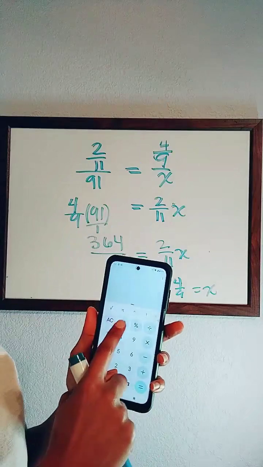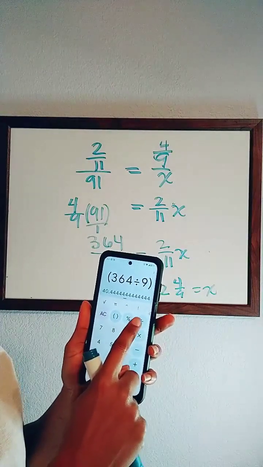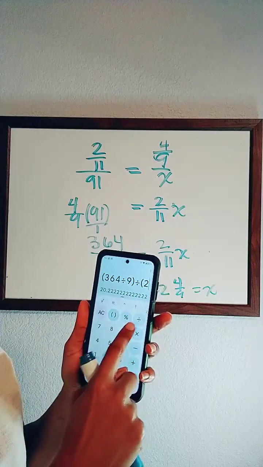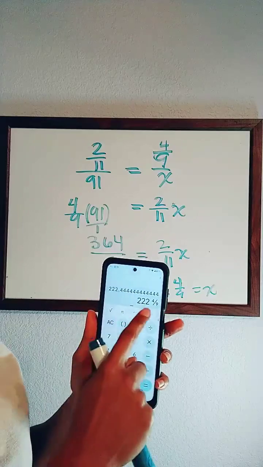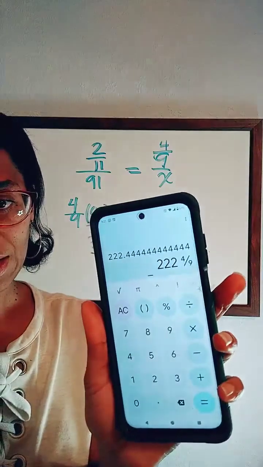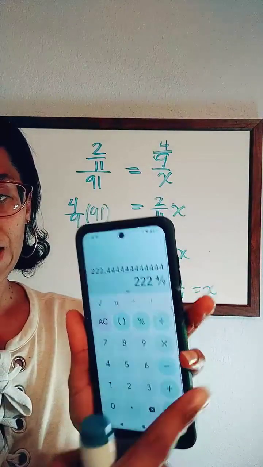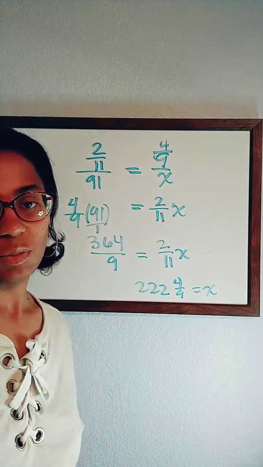So then I got 364 divided by 9, and I went ahead and divided that by 2 divided by 11, and it gave me 222 and 4/9. And I left it like that because if not, that's going to be 888 over 9. That's just too big. That's just too much.